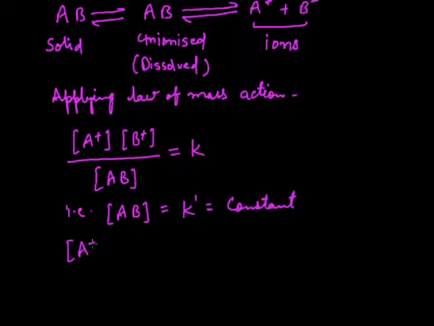Therefore, product of concentrations of A plus and B minus equals constant K multiplied by constant K dash. That is KSP. Let us discuss few questions of solubility product.